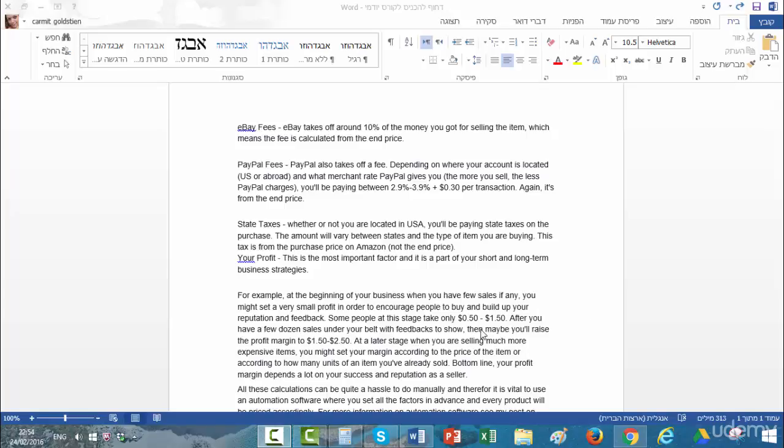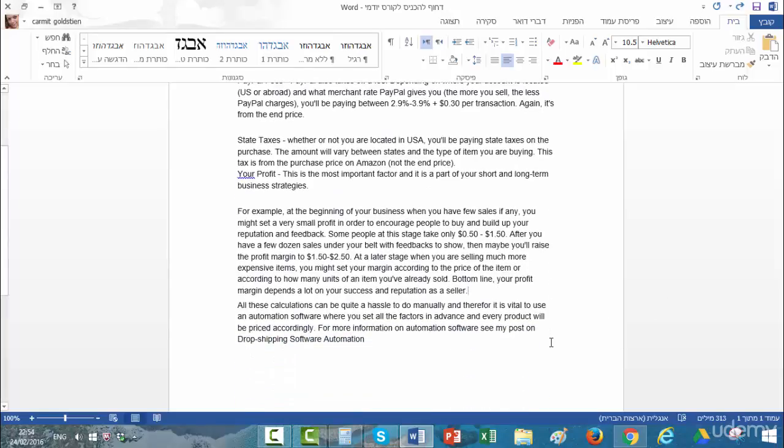For example, at the beginning of your business, when you're just starting out, you may want to just take $1.50 or $2.50 to get ahead in the game. And later on, you might want to take more, you might want to enlarge your margin according to the price of the item or according to how many units of the item you've already sold.